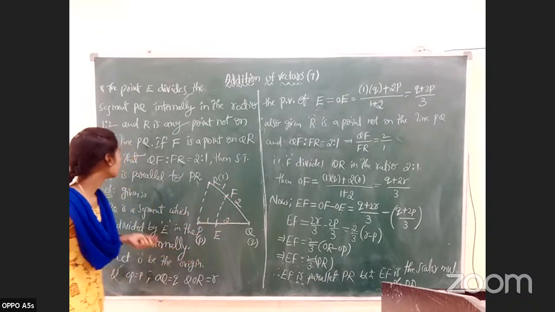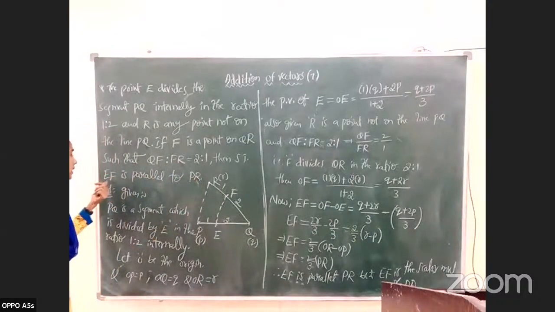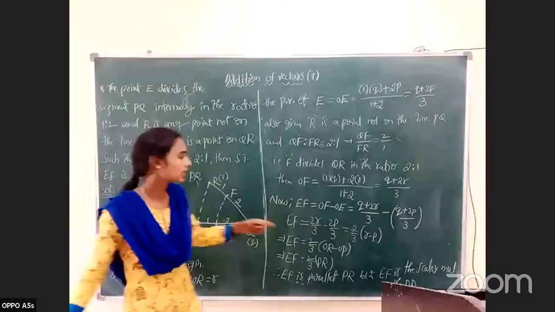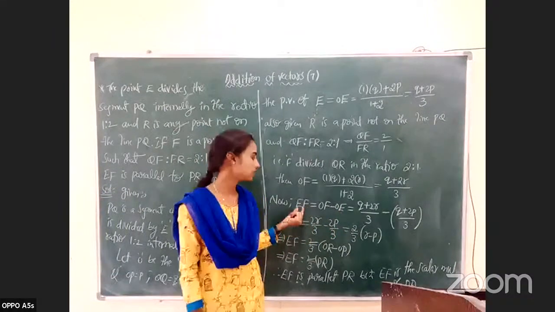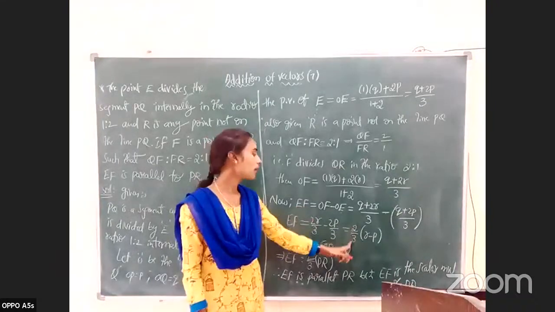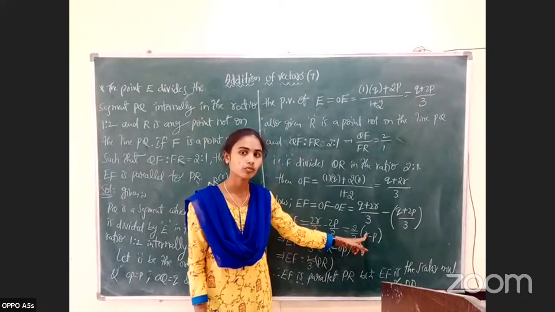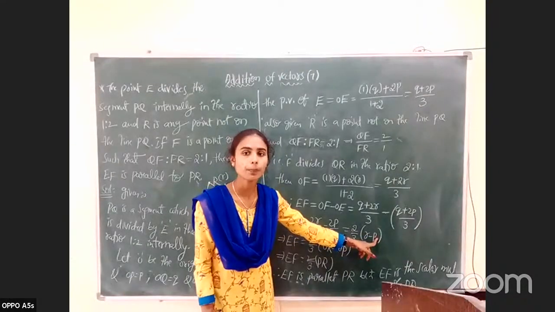Then after that we have to prove EF parallel to PR. First of all, to find EF, EF is equal to position vector of F minus position vector of E. Substituting those position vectors, we get the vector EF as 2 by 3 (R minus P), where R is the position vector OR and P is the position vector OP.